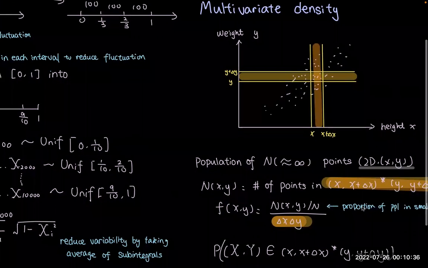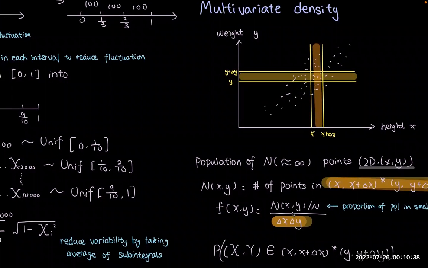Then we can define the density as this nxy, the number of points, divided by the size of this cell, which is the area, delta x times delta y. We also want to normalize this number by the total number, so we divide nxy by n to count the proportion of the whole population belonging to this small cell. Then we divide this proportion by delta x delta y. This gives us the population density.